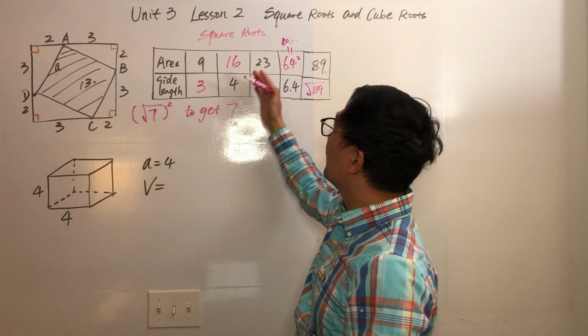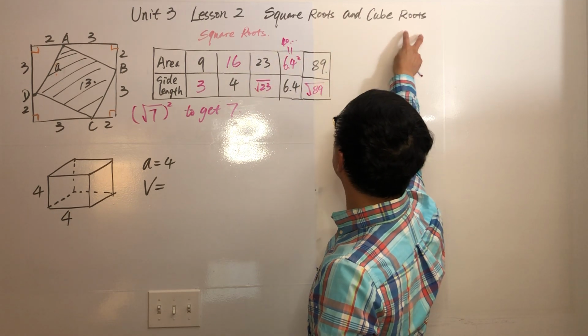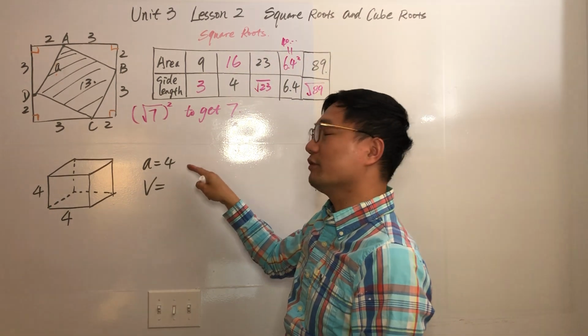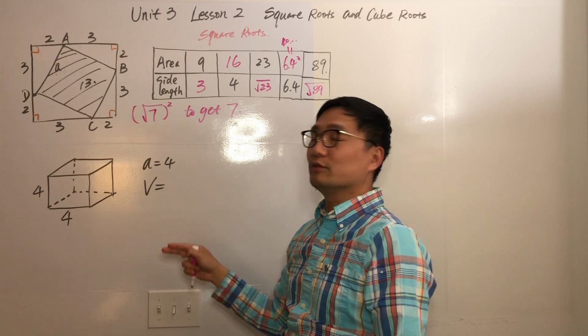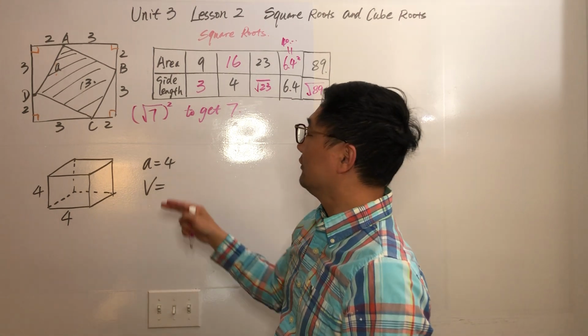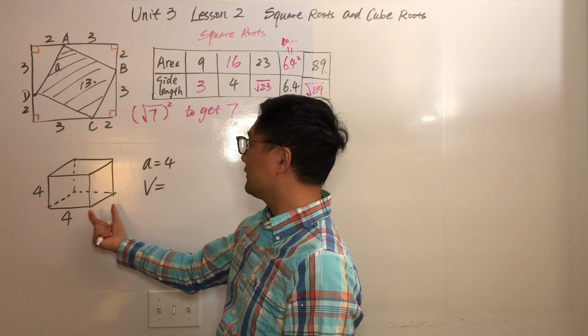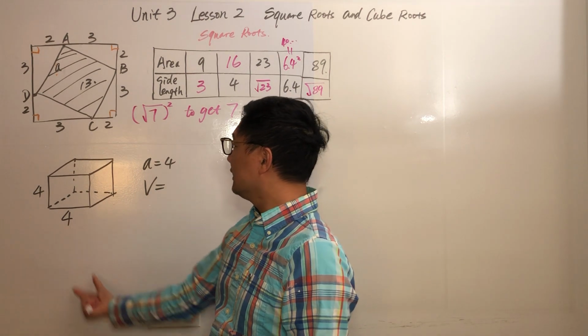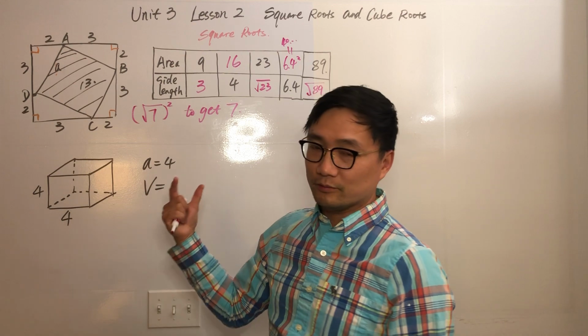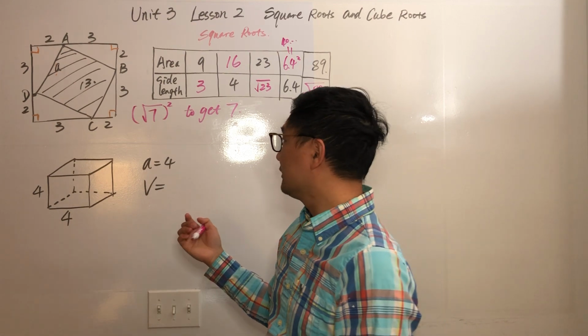Because the topic is also about the cube root, the next topic is what cube root means. So now here we have a cube. If I said the cube's side length is 4, what is the volume of this cube?